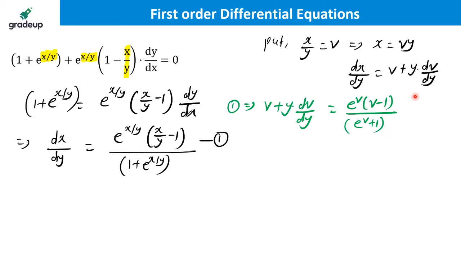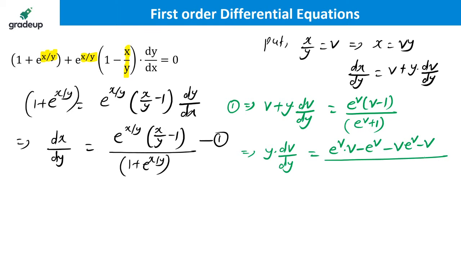Great. So this v should be brought to the other side. V e raised to v. V is brought to the other side. So minus v, take the LCM. Minus v e raised to v minus v upon e raised to v plus 1.